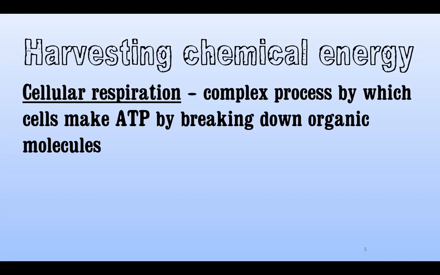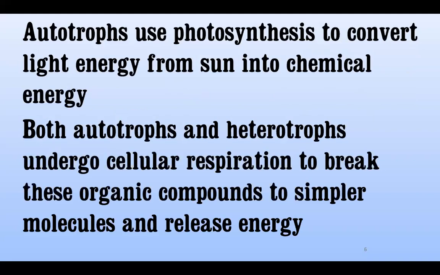So respiration is the process by which cells make ATP by breaking down organic molecules. Again, those organic molecules could be carbohydrates, proteins, or fats. Now, linking back to photosynthesis and looking at the big picture when it comes to living things in general, you have autotrophs that use photosynthesis to convert light energy into chemical energy in organic compounds.